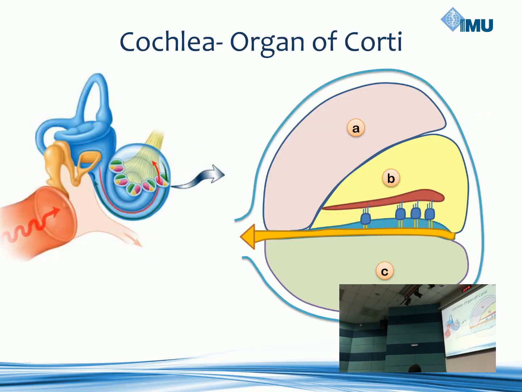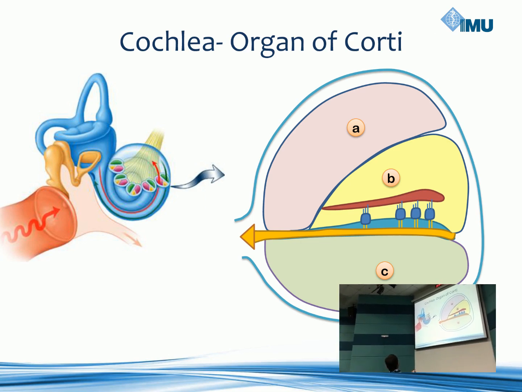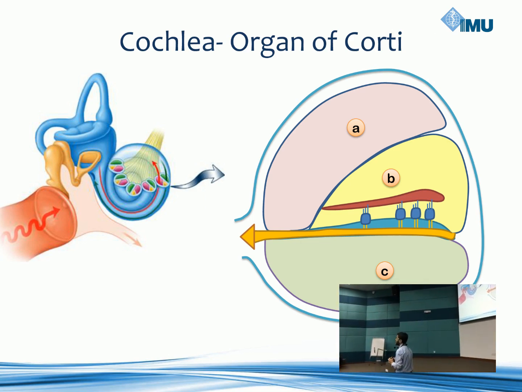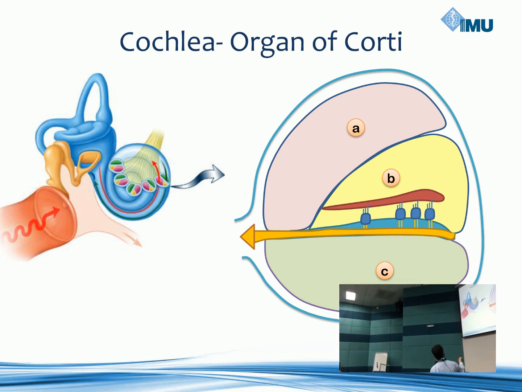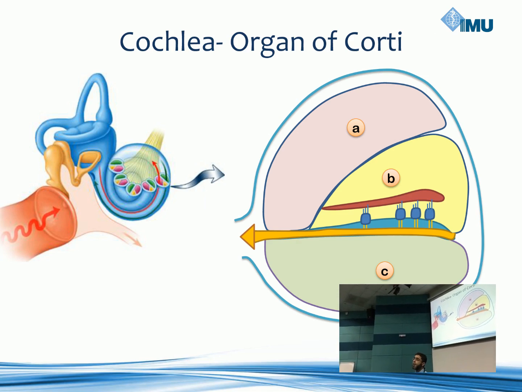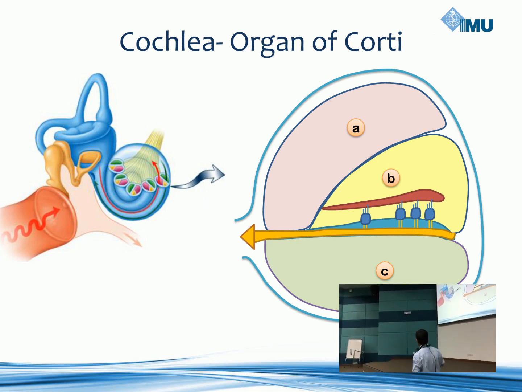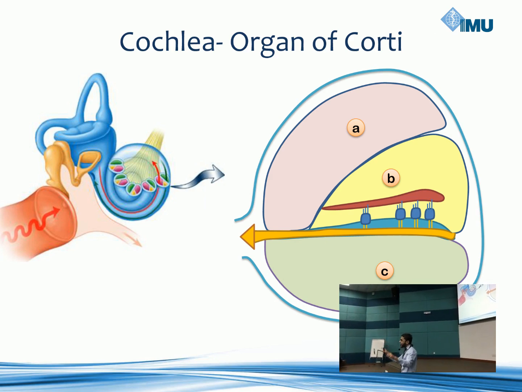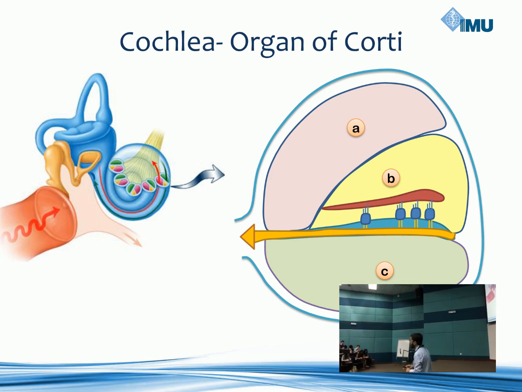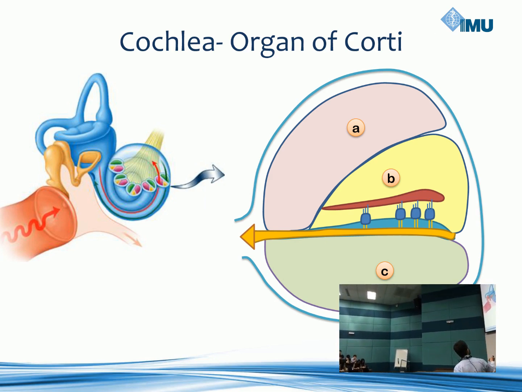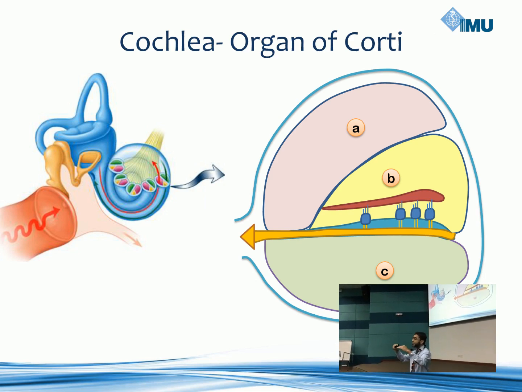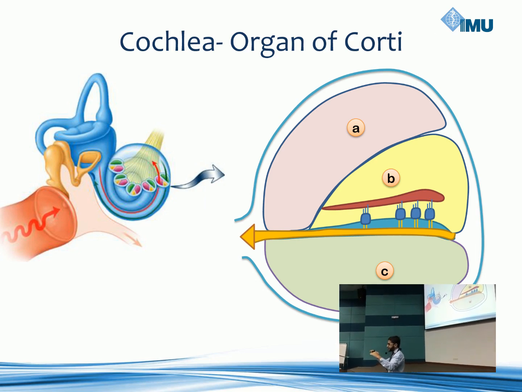Now if we go next, if we look at the basilar membrane more closely, because we want to look at the receptor cells. All right. So A is what? Scala vestibuli, C is scala tympani, and B is scala media. Scala media is where the organ of Corti is located. If you look here now, you will find the hair cells, which are on the basilar membrane.